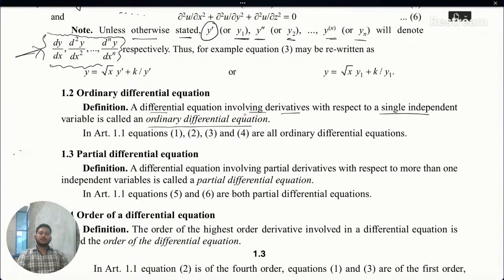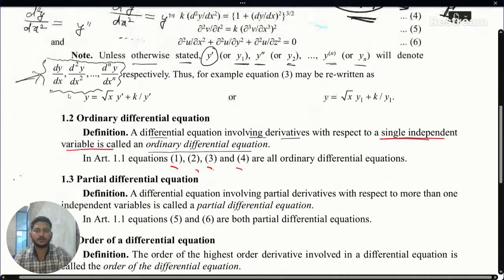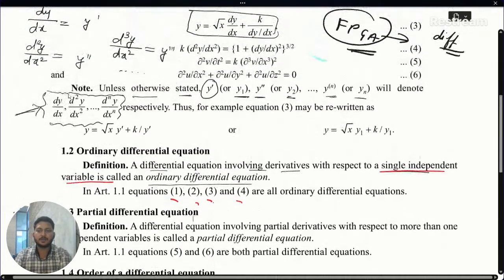You have an equation with respect to a single independent variable. Equations first, two, three, and four are examples of ordinary differential equations, which include a single independent variable.